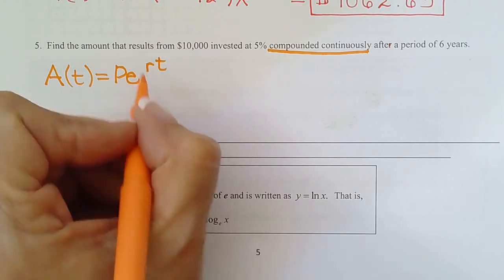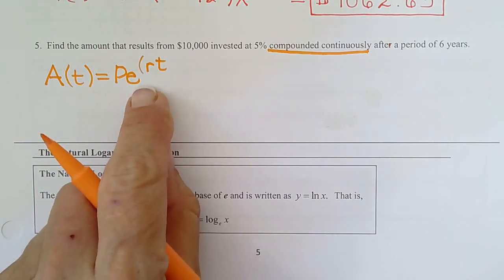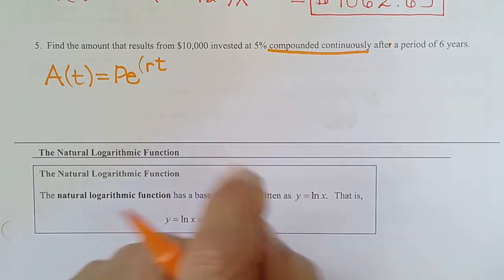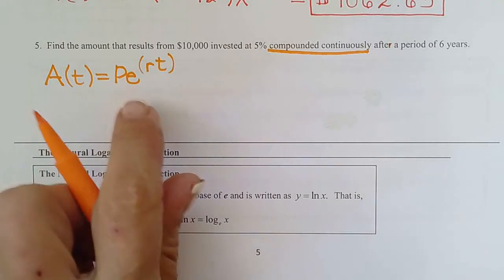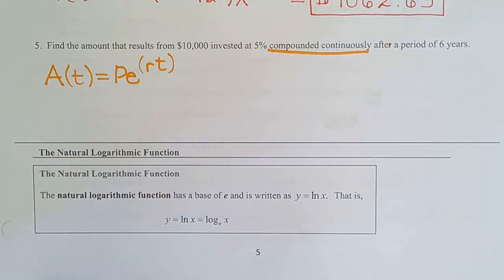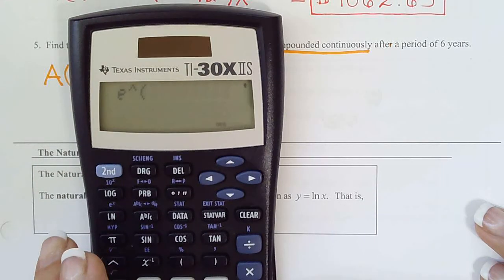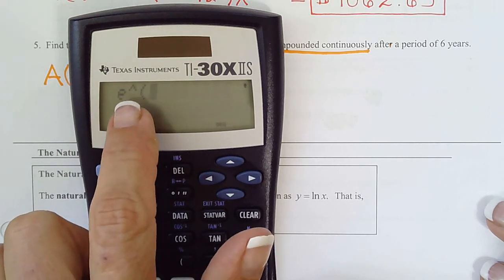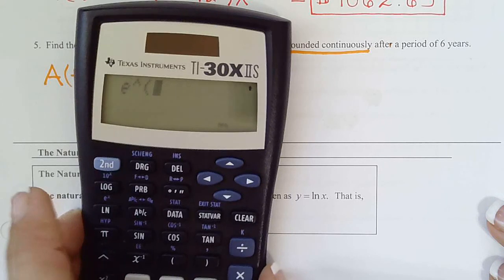And again, it gives you this parenthesis on the calculator after e. It already has the exponent in it, so you don't have to worry about that, but then you have to remember to close that. So this caret will already be built in on the calculator because it's an e. As you saw earlier when we were typing the e's in, second ln, see how it gives its own caret and opens a parenthesis. So we just have to close it.